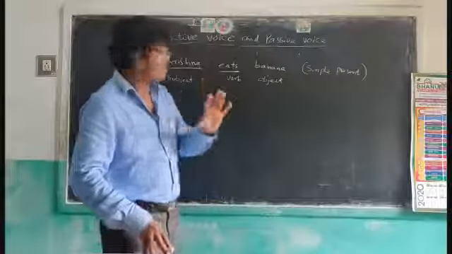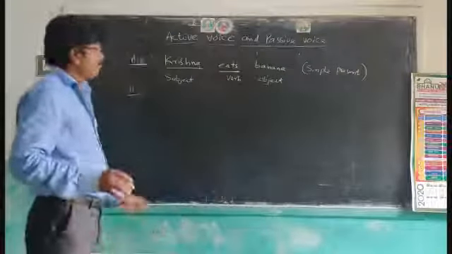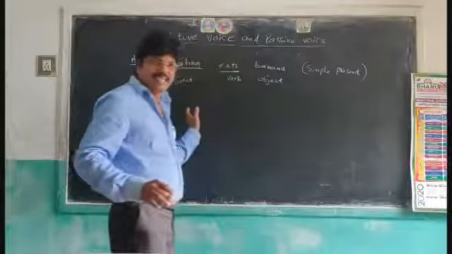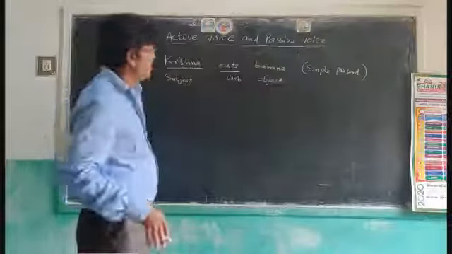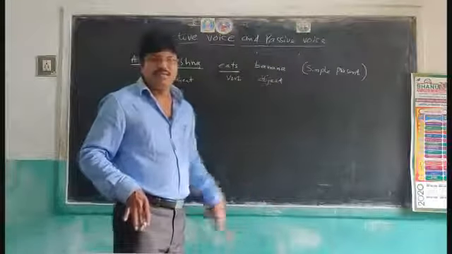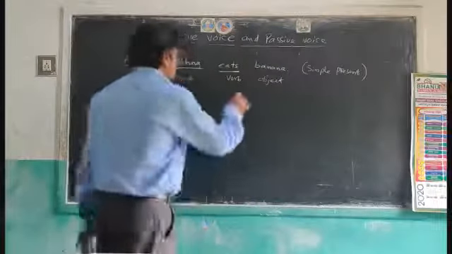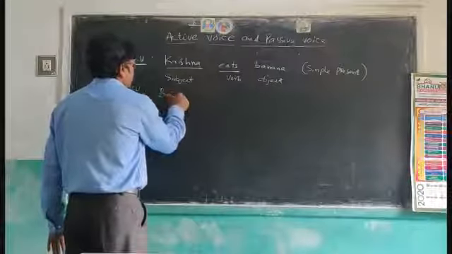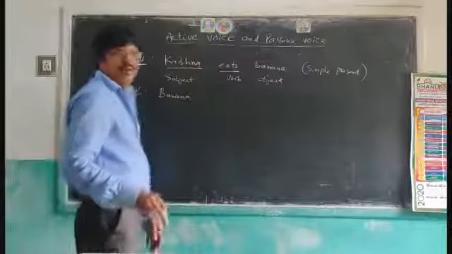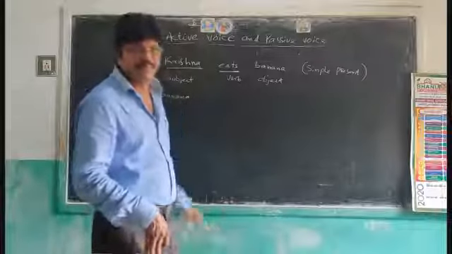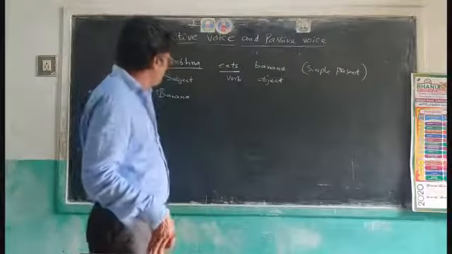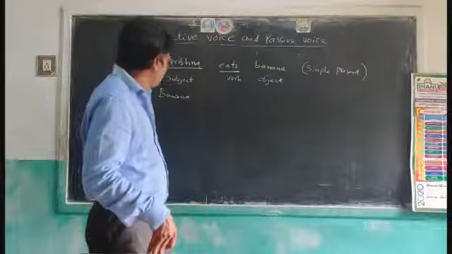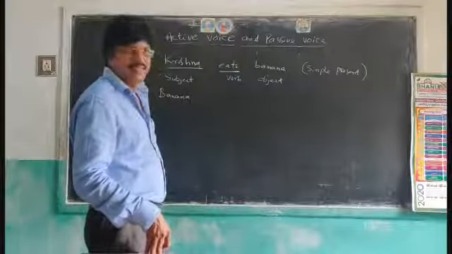First change object to subject, subject to object. Here banana is the object. In passive voice, banana becomes the subject, but write B as a capital letter, starting letter capital. Banana.